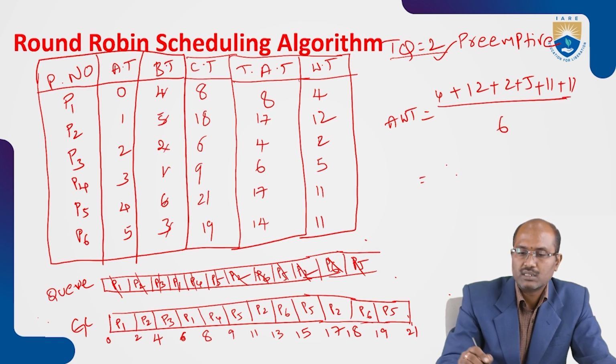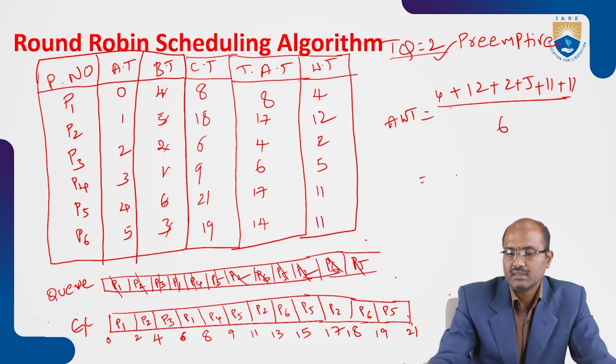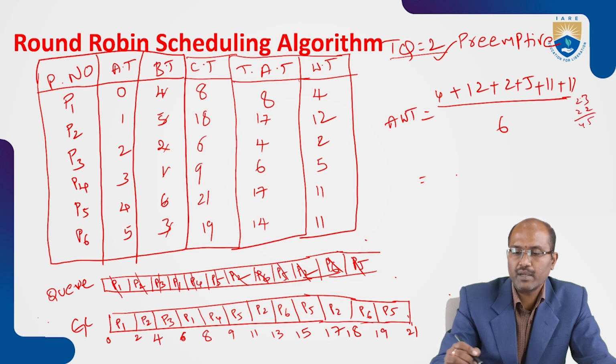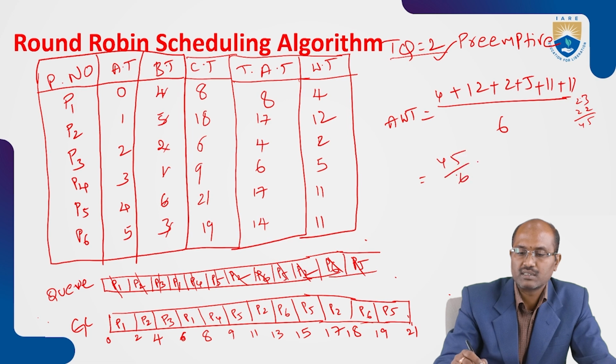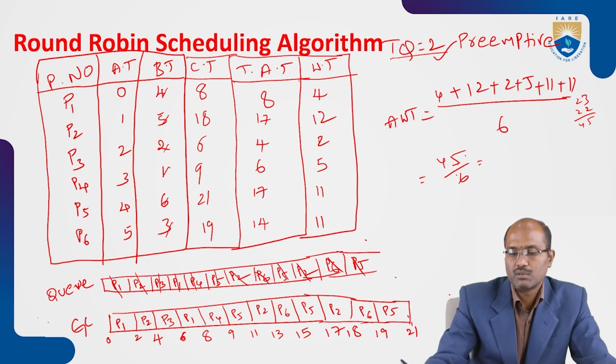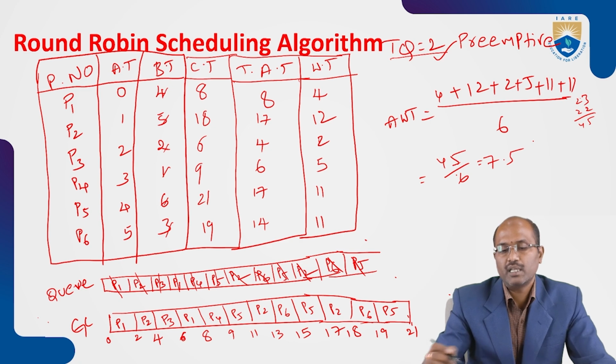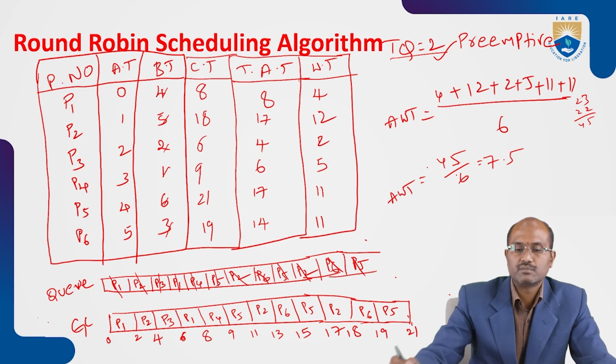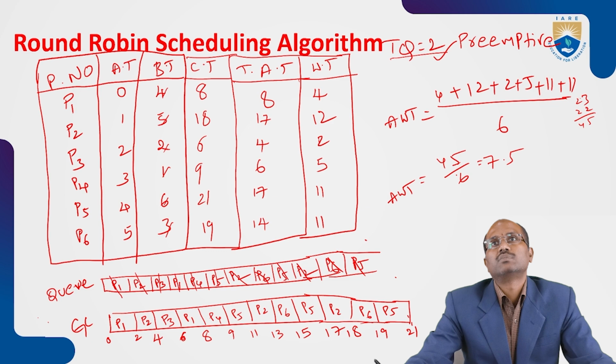That is 45 divided by 6, which is equal to 7.5. That is the average waiting time.